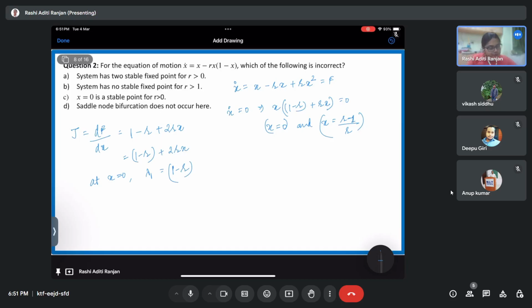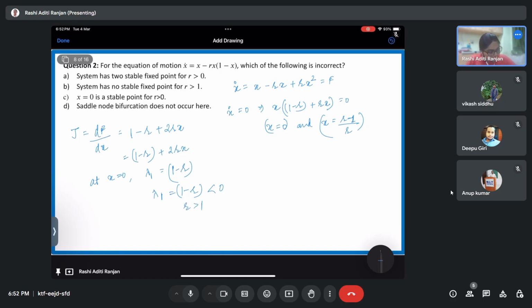Okay. So if I have lambda 1, which is equal to 1 minus r, less than 0, what is going to happen? R should be greater than 1.